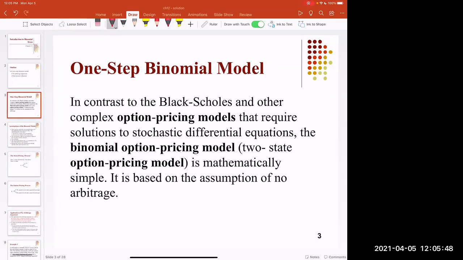This is the simplest model we can use to find the option price. It is based on the assumption of no arbitrage. In reality we might have arbitrage, but we assume no arbitrage. That's the assumption for the binomial model.